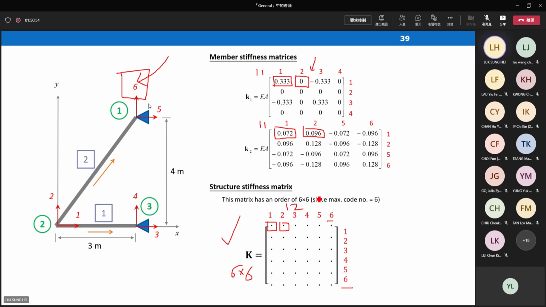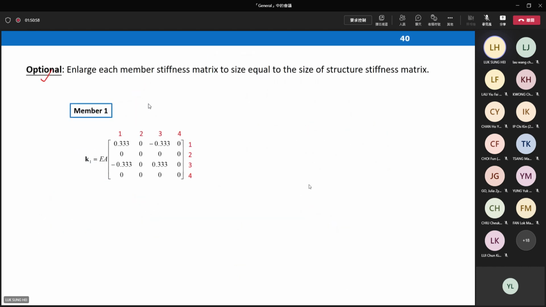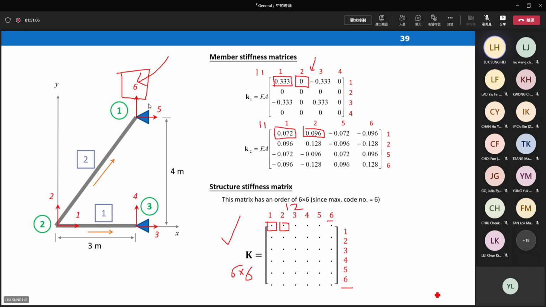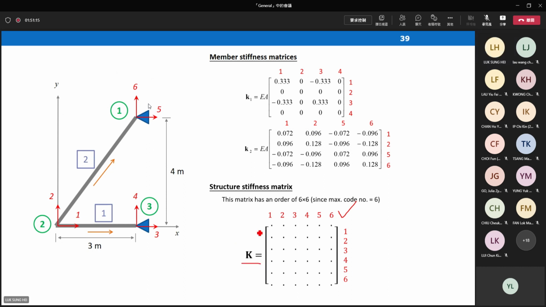But if you are aware of human errors, then you may do this optional step. How? We have two element stiffness matrices, and we realize that the final stiffness matrix should be a 6x6 matrix, and all the code numbers are arranged in ascending order, 1 to 6.